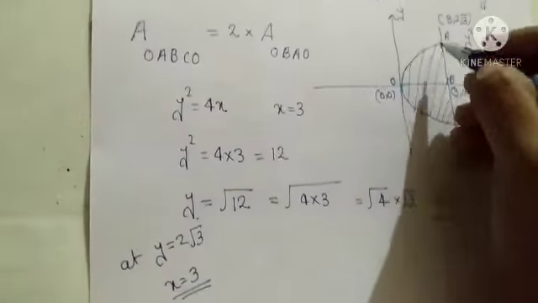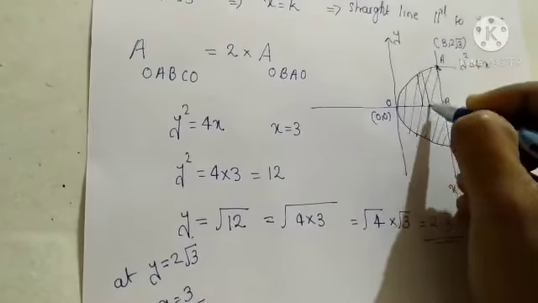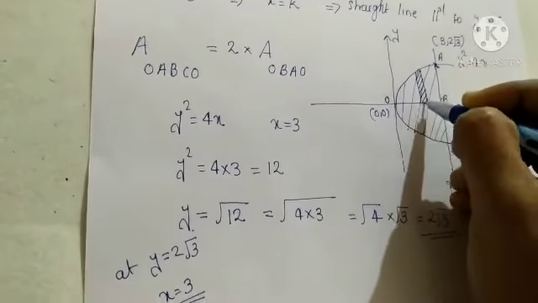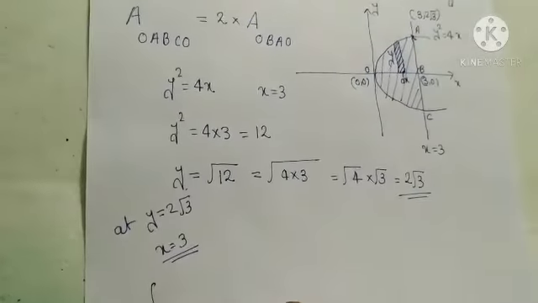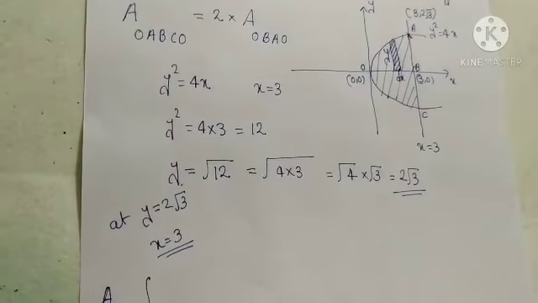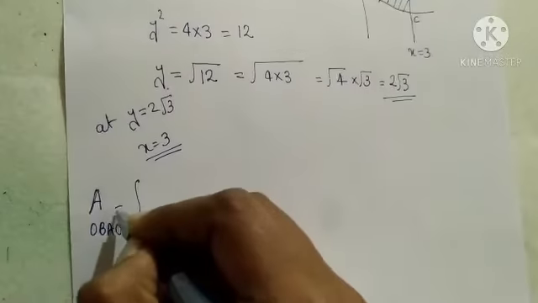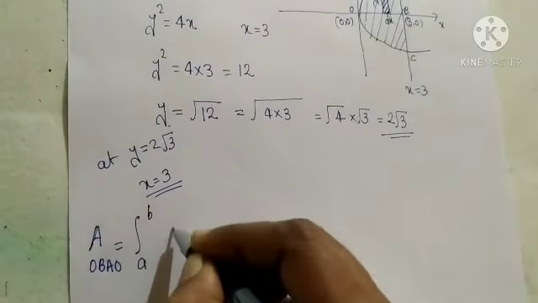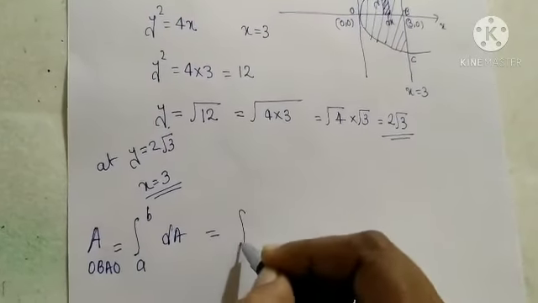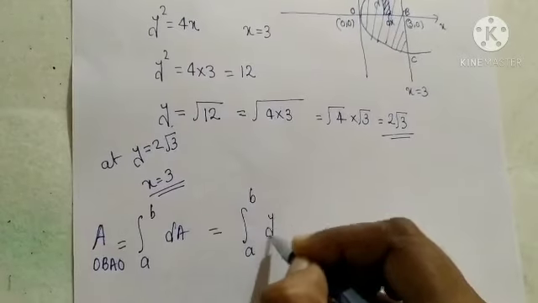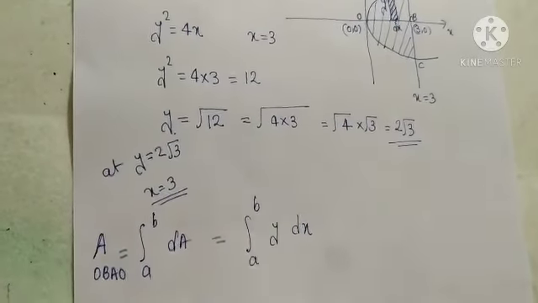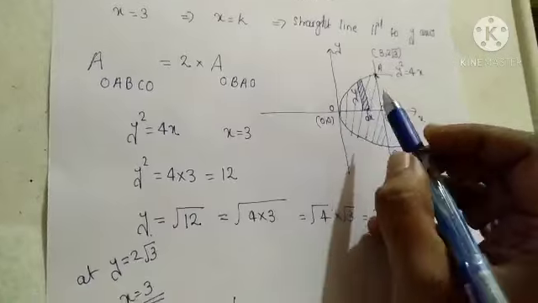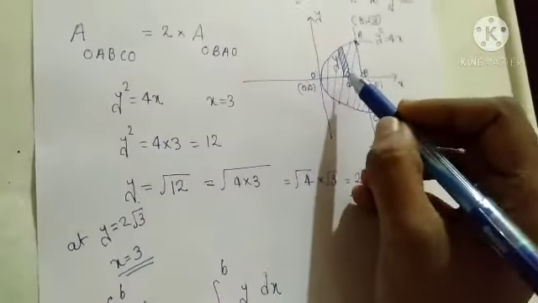Next, I am using here a vertical strip with height y and length dx. So the area of OBAO is equal to integral A to B dA, or it can be written as integral A to B y dx. Next, we need to find out the limit. So look at this figure.